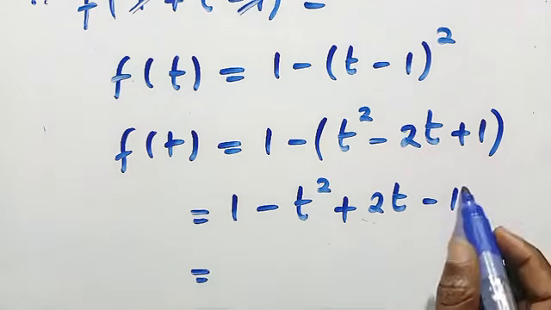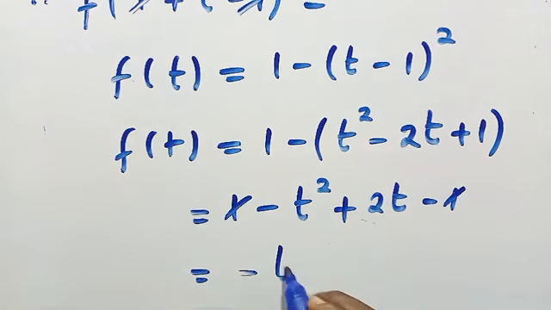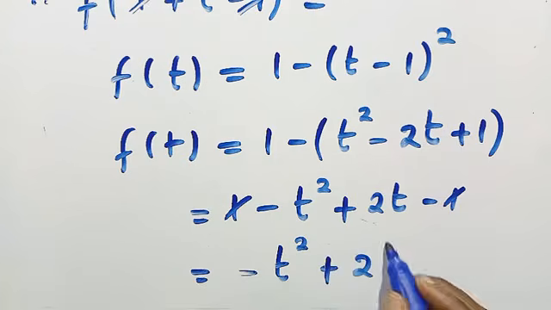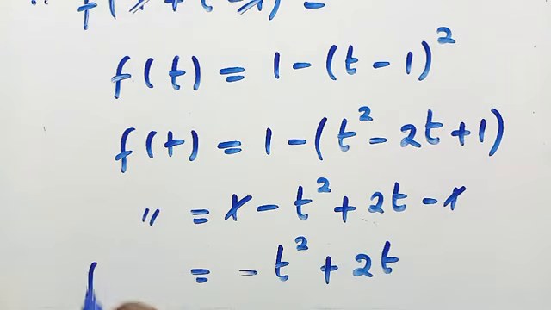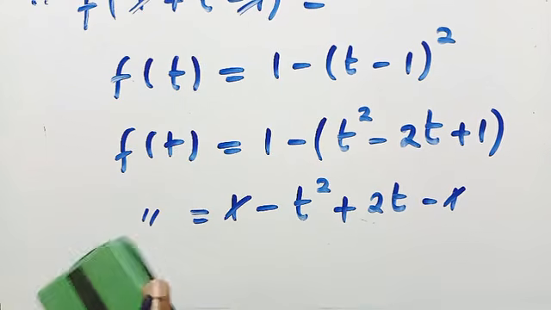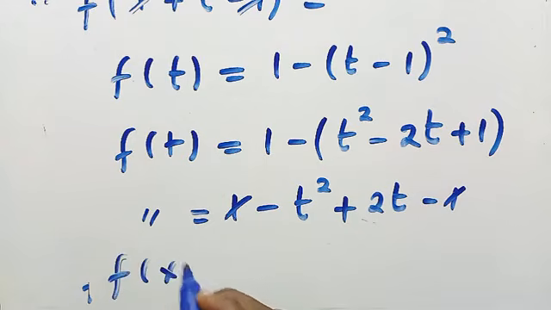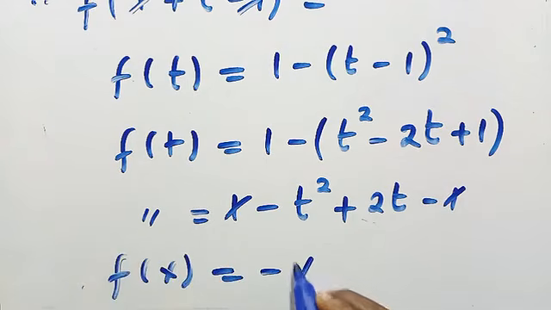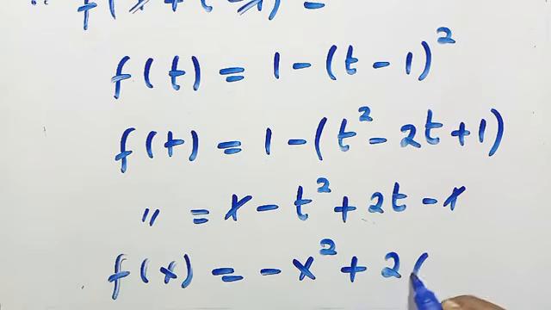Then plus 1 minus 1 cancels, and we have minus t squared plus 2t, which equals f of t. So this is what we got for f of t. Let's replace t with x. By replacing t with x, we have f of x equals minus x squared plus 2x. So this is the solution to these functions as f of x.